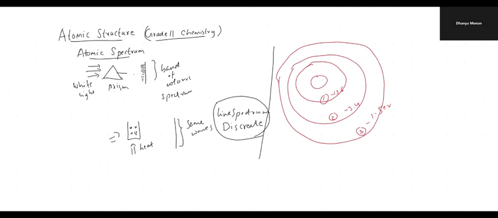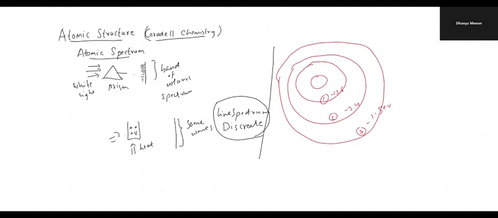Now on heating the gas, the electrons, if they get a sufficient amount of energy, they can move to the higher energy levels. We saw that in the last video too. If they get the energy matching with the energy levels, they can move to the higher energy levels.